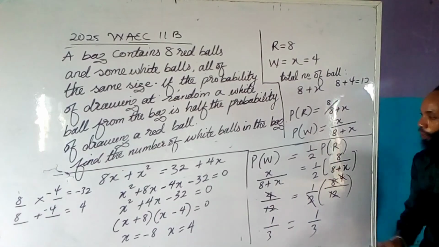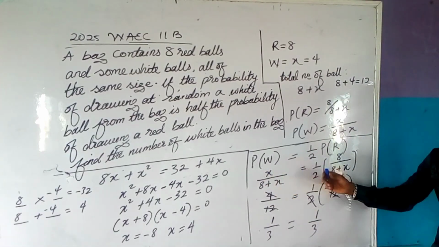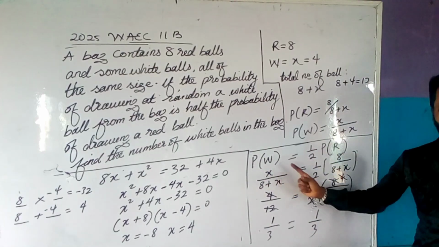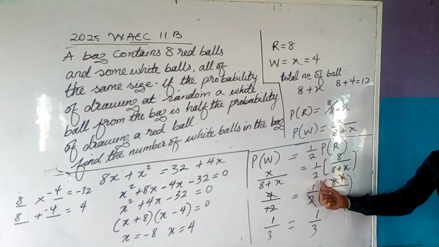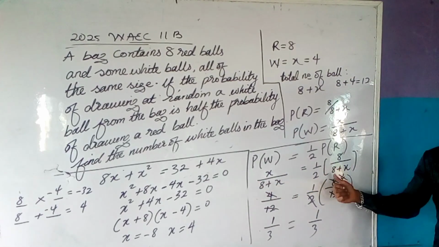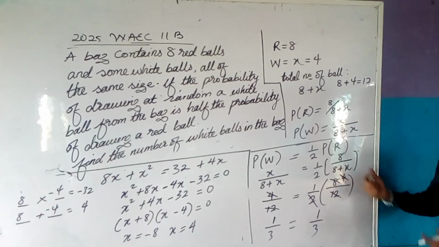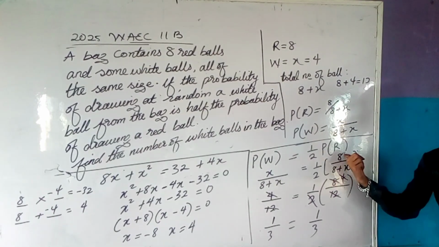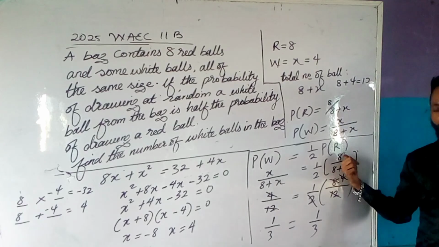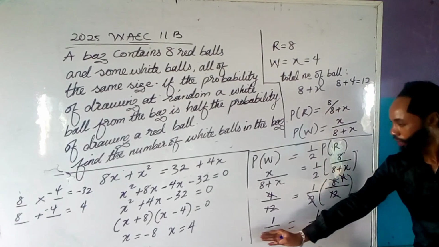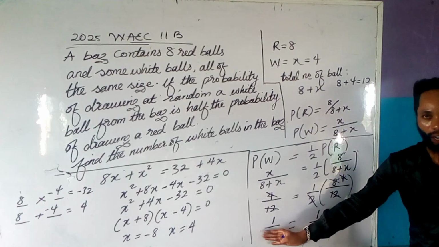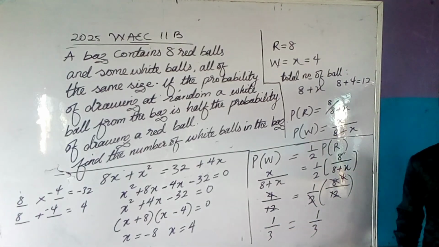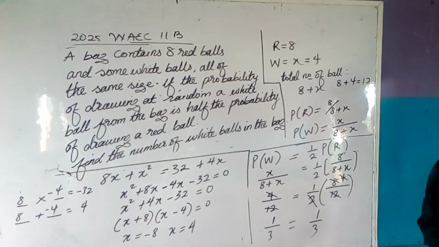That means the probability of white is equal to half of the probability of red, where X is 4: X over 8 plus X, then 1 over 2 of 8 over 8 plus X. I mistakenly wrote X here for 8, and that is why I have corrected it. So that is just to prove that the probability of white is equal to half of the probability of red. You see, 1 over 3 equals 1 over 3. Thank you and God bless.